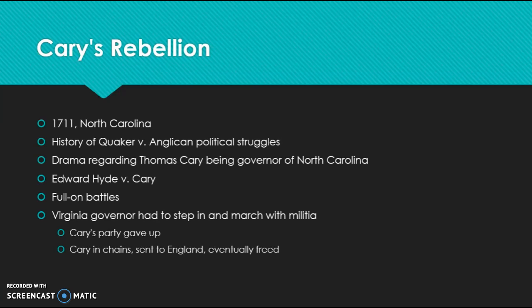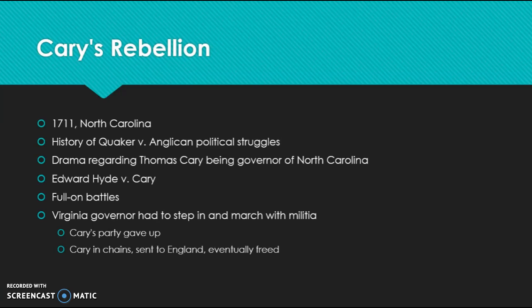Hyde eventually was able to seize these abandoned ships, and in the meantime, Carey received help from some folks back in England. Not official help, again, because he was supposed to be replaced. So his friends came over, helped him try to maintain his governorship. Eventually, the governor of Virginia, where all of those Anglicans had fled, marched in with the militia to help Hyde.